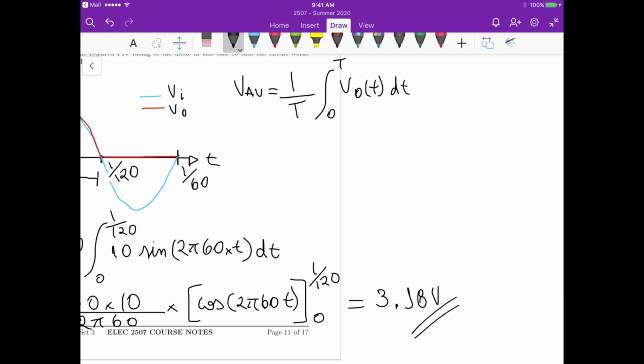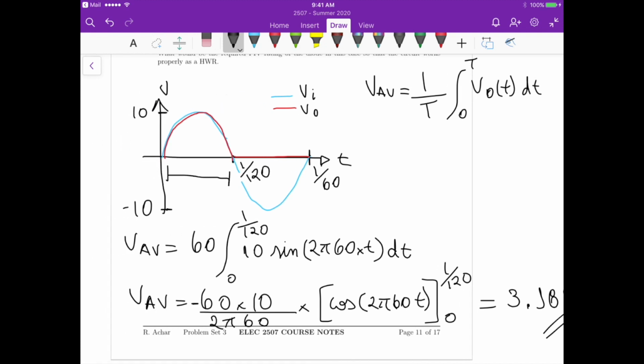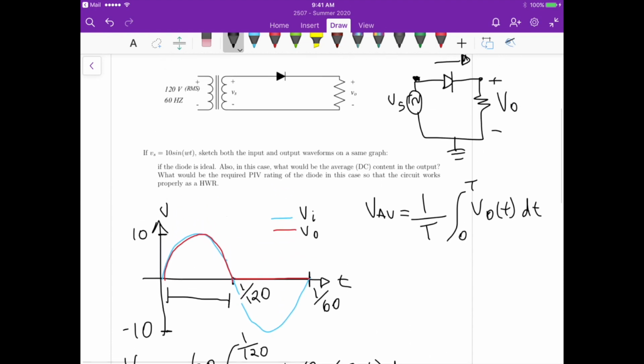Now, what about the peak inverse voltage? If you look at the circuit, during the second half cycle the diode becomes an open circuit, so it becomes a circuit like this, with our load here. And this is the voltage across the diode, VD.